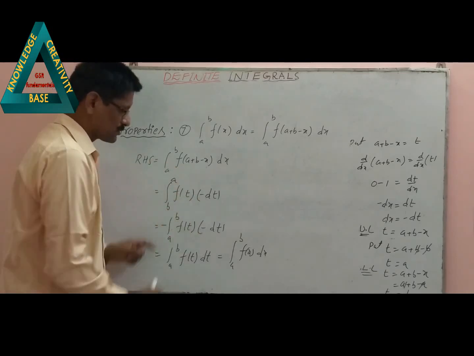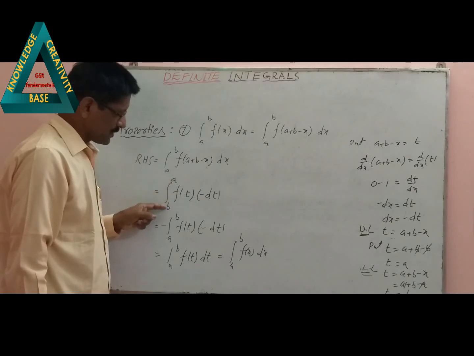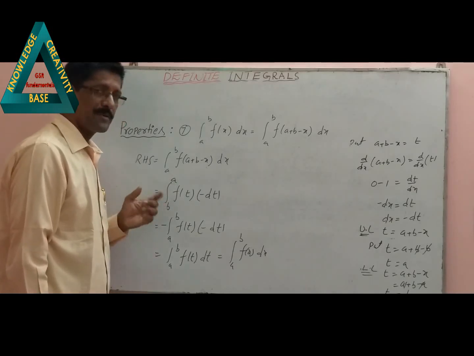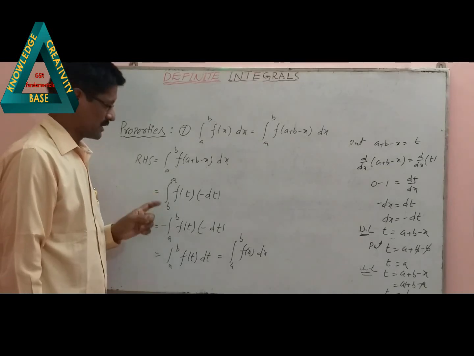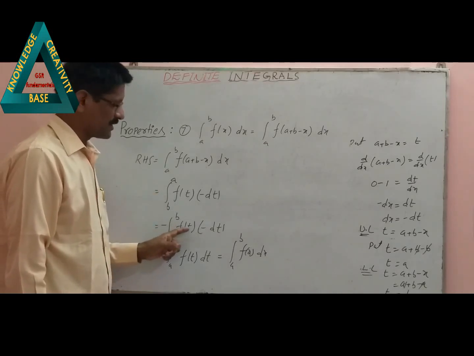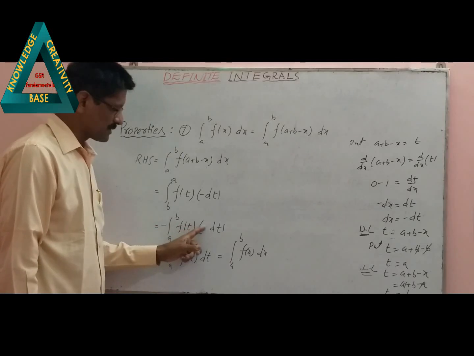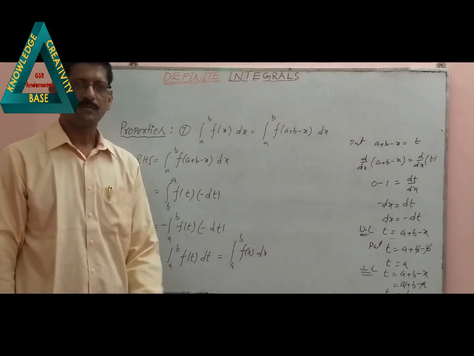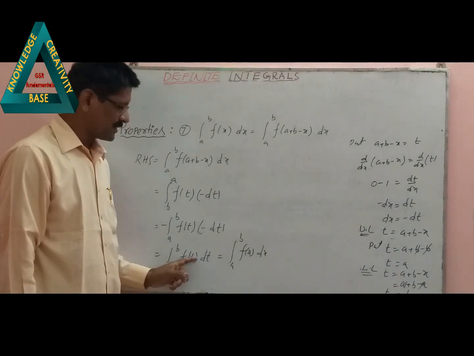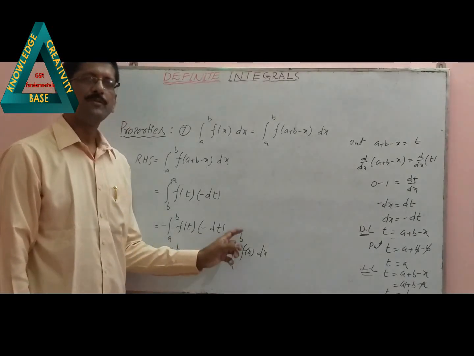Since there is a minus here, interchanging the limits to a to b, our property number 2 says that if we interchange the limits, a minus comes before the integration. So minus of integral a to b f of t minus dt, this minus into minus is plus, integral a to b f of t dt. So the well-known first property is integral a to b f of t dt is equal to integral a to b f of x dx.